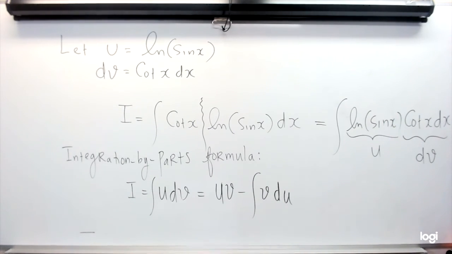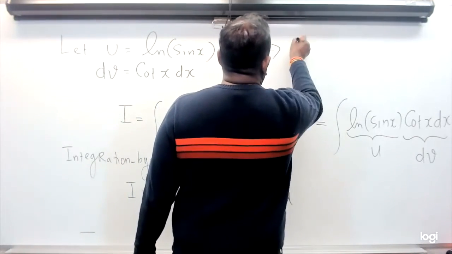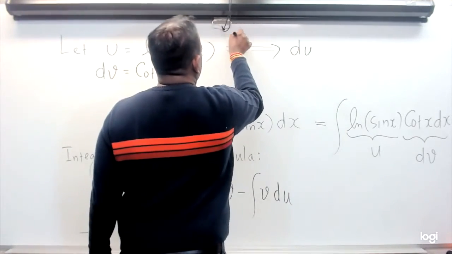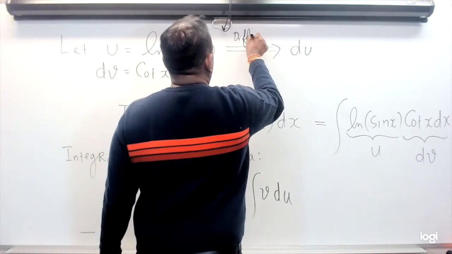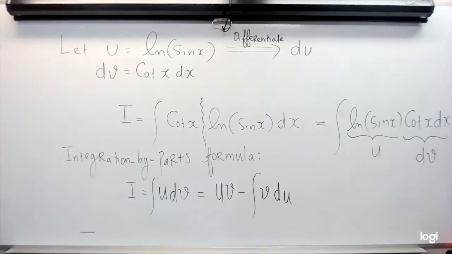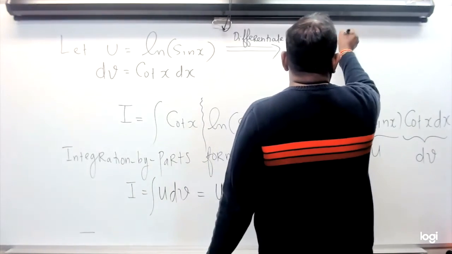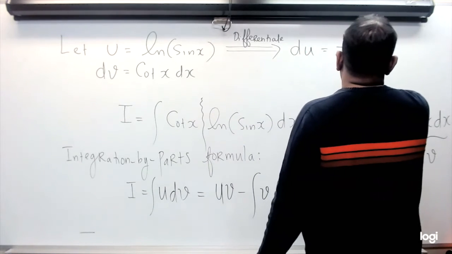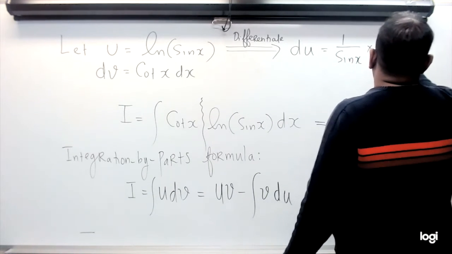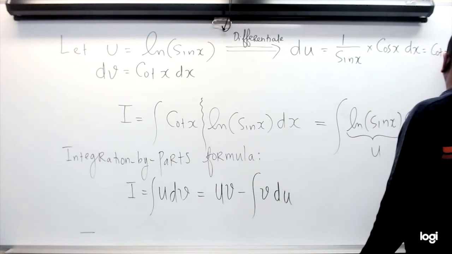That's what I did. From this one, you need to get du, therefore you differentiate. Differentiate both sides. Then you get this one, du. On this side, you get 1 over sine x times cos x dx, which is cot x dx.